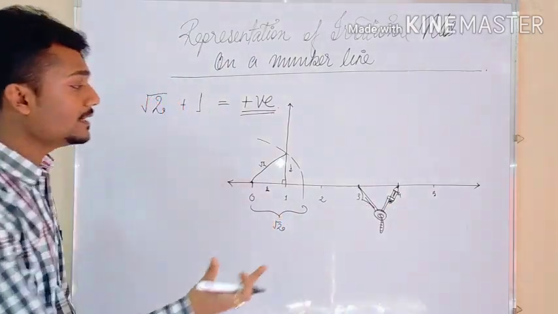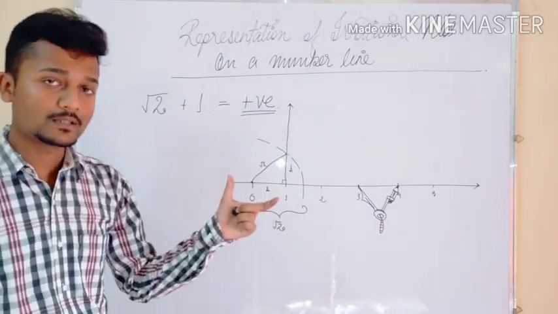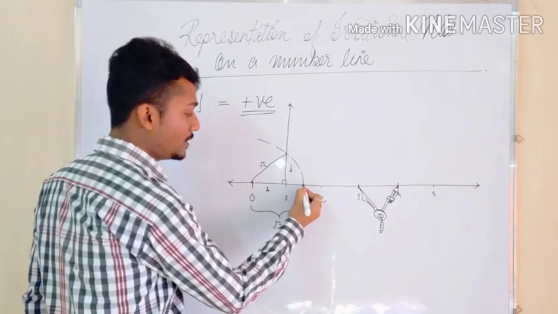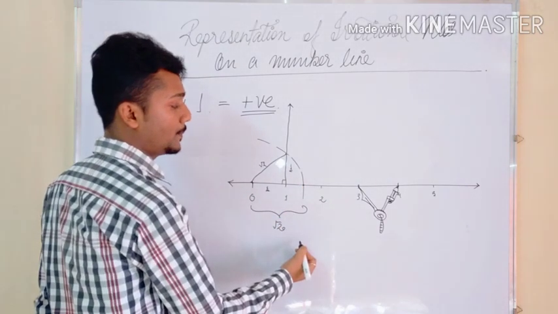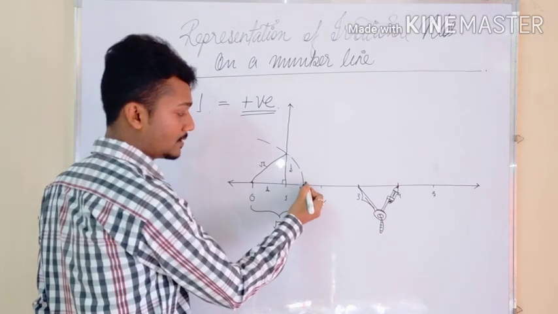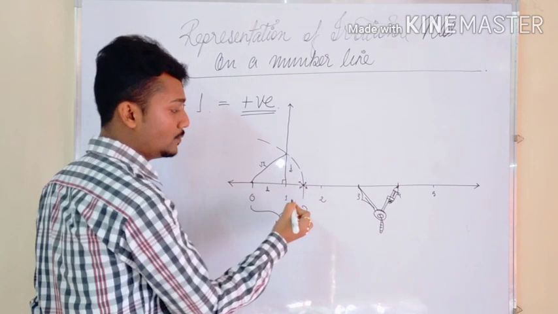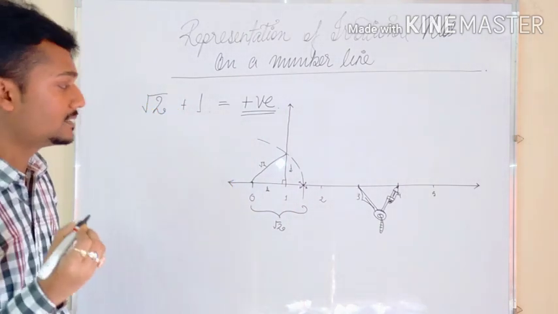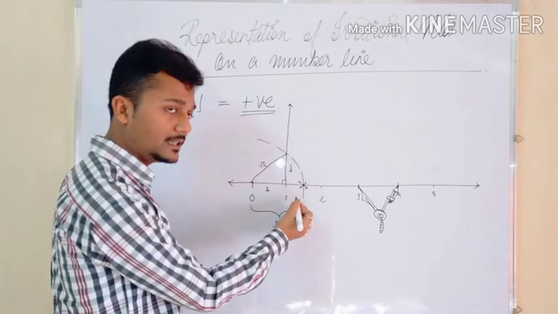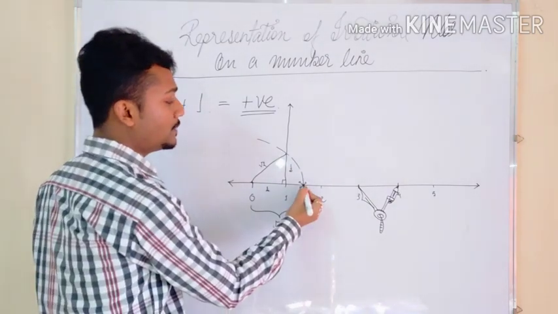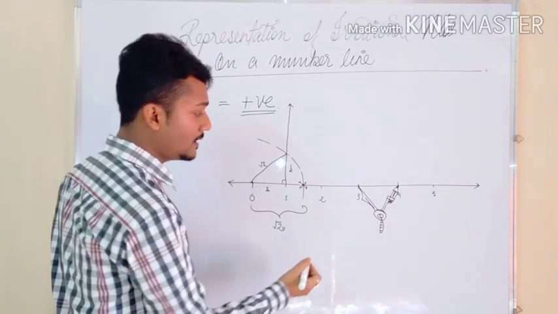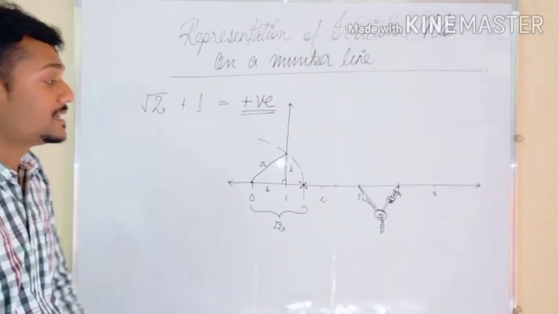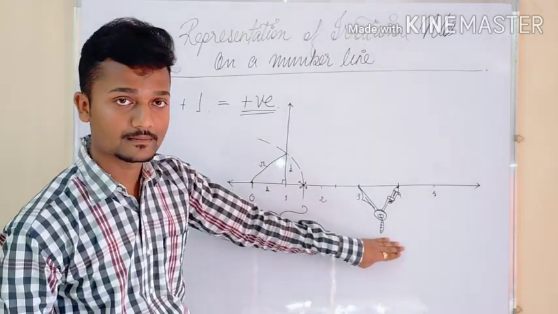Then after taking 1 unit in your compass, what you will do? You will place it over here. I am using this sort of markings, you will not use this kind of markings. It is just for your convenience to understand. So I will place the compass here and draw an arc with the measurement that I have taken.